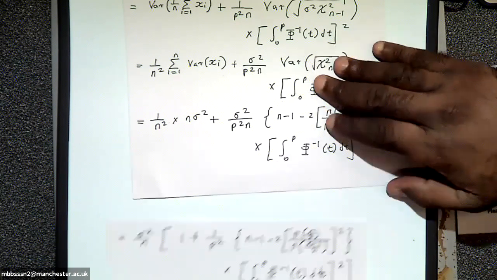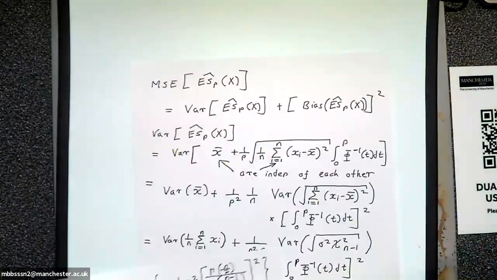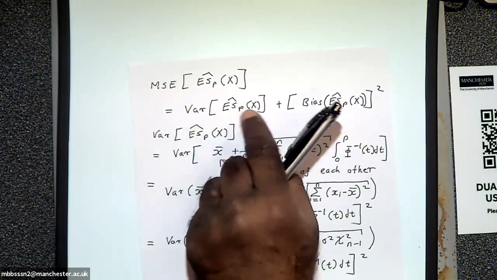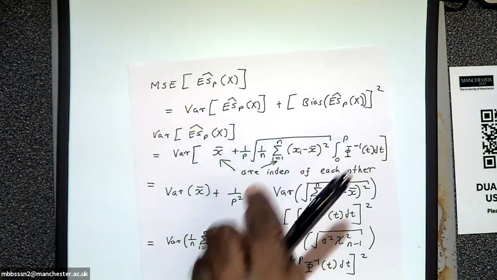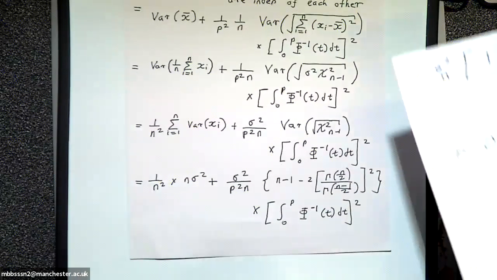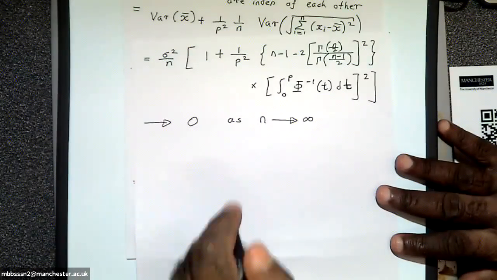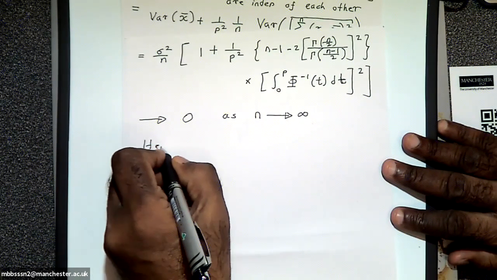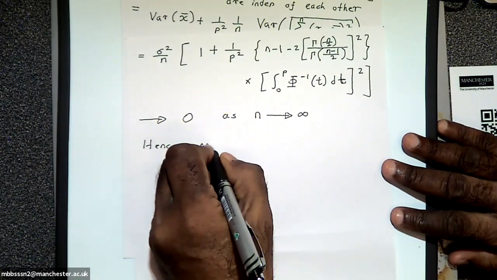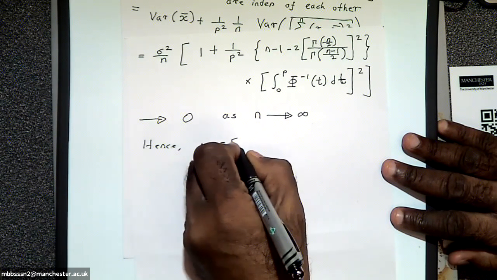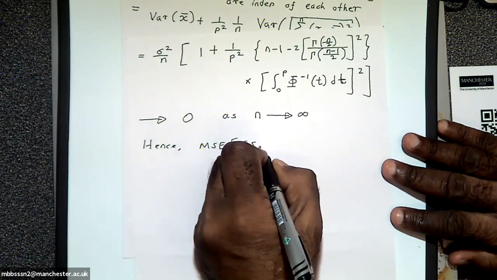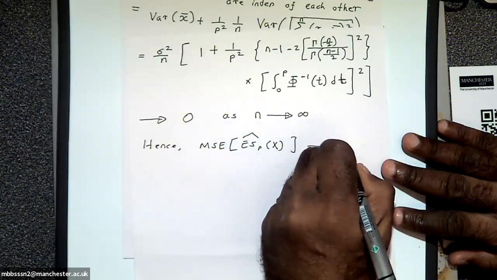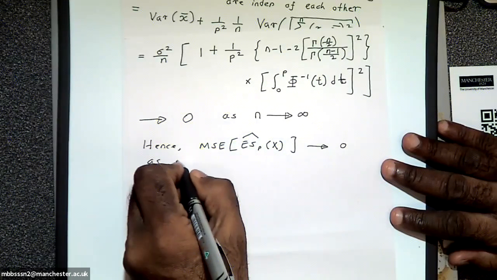All right, so going back to the formula I wrote earlier, the MSE is the variance plus the square of the bias. What you can conclude is the following. We have shown that, hence, the MSE of the expected shortfall approaches 0 as n goes to infinity.